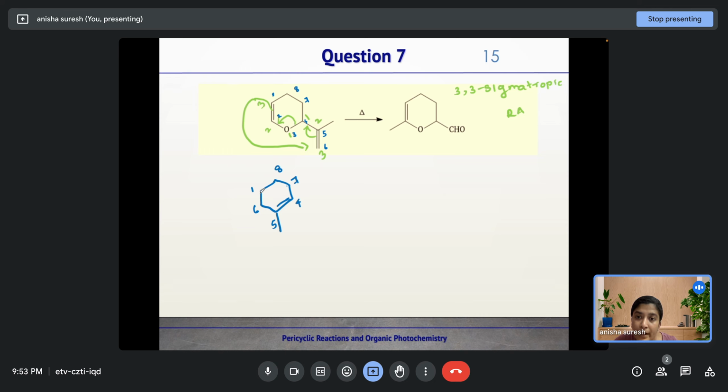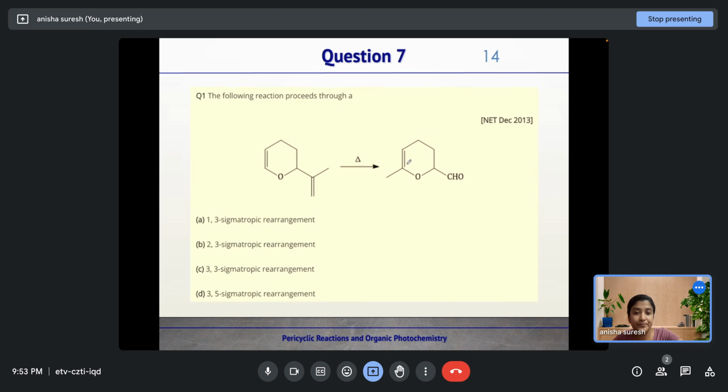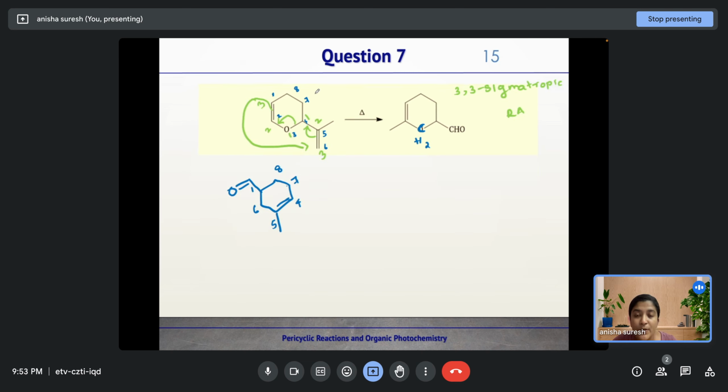Okay. And in 1, 2, and 3, so here it will be CH2. Okay. It is not oxygen. This is a CH2, not oxygen. So it will be a 3,3 sigmatropic rearrangement. So once we do the numbering, it will be easy for us to follow the pathway.